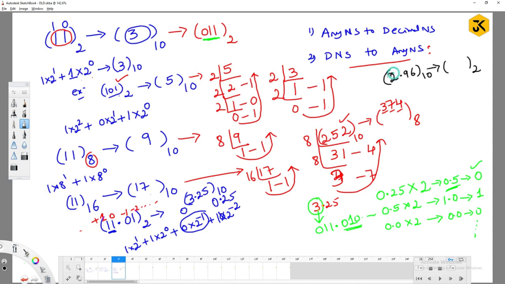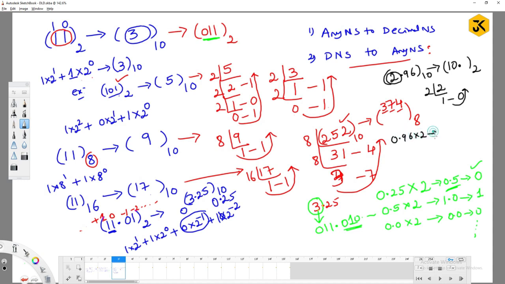First you have to take out the integer value. 2 should be divided by 2. 2 ones are 2, remainder is 0. So 1 0 is one part. Note down 1 0. After that place the dot, and take 0.96, which should be multiplied by 2. If you multiply by 2, what is the value you are going to get?